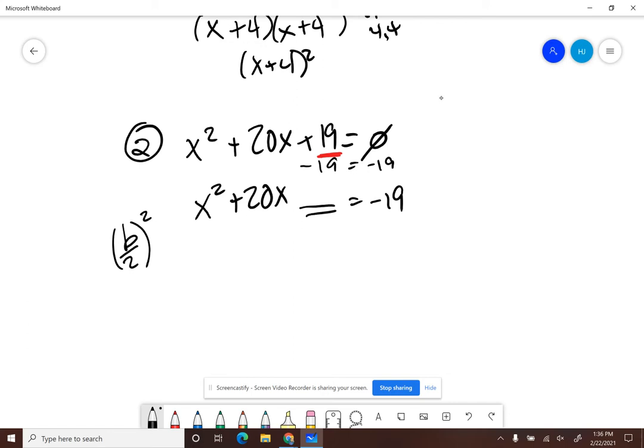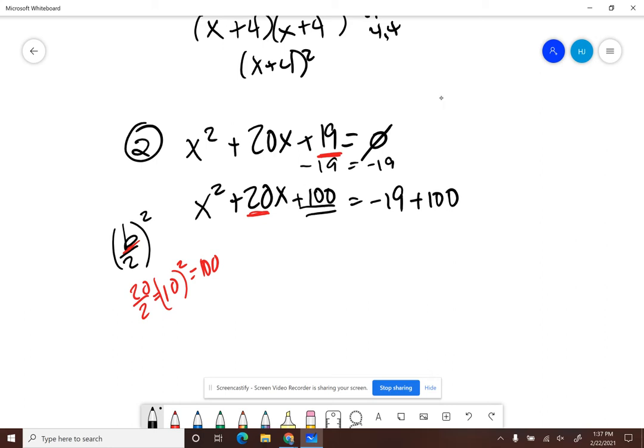So this is my B term right here, right? If I take half of that, 20 divided by 2 is going to equal 10. And 10 squared is going to equal 100. So that means that I need to add 100 right here, which means I also need to add 100 right here.